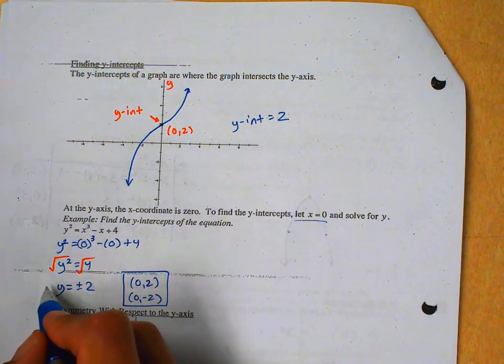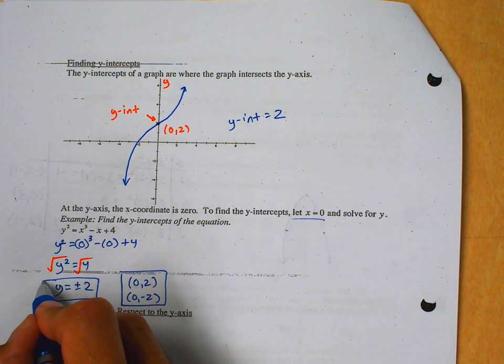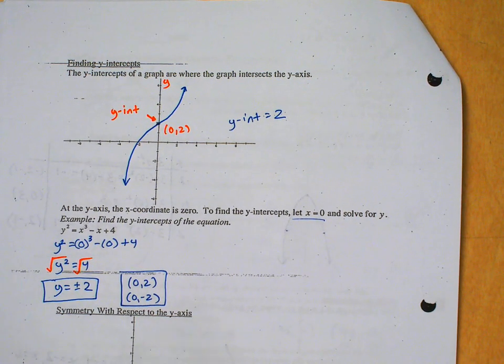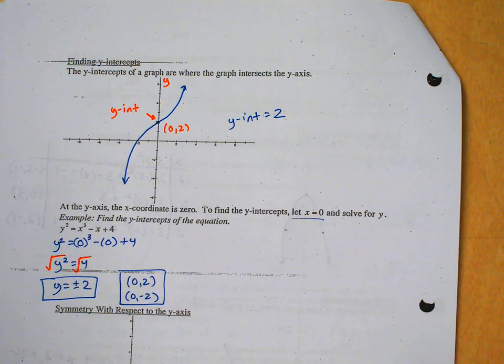And if you just put plus or minus 2, that's fine. I just wrote the ordered pairs there. I was getting a little bit overexcited, so I went with the ordered pairs. But if you just put y equals plus or minus 2 for the y-intercepts, you're in good shape.